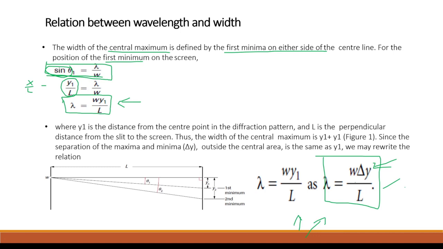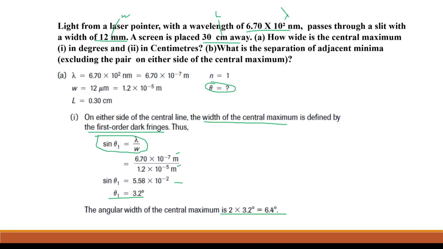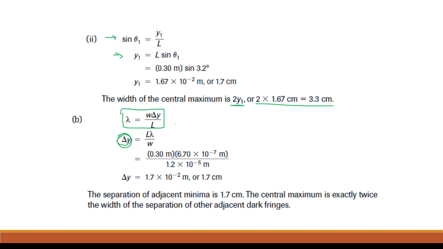So we can use this formula here for everything beyond the central maximum. And so that's what we do. We do lambda equals w delta y over L, where we want the separation or distance between the extrema, and we're given our L, W, and lambda. And so the calculation is excellent.